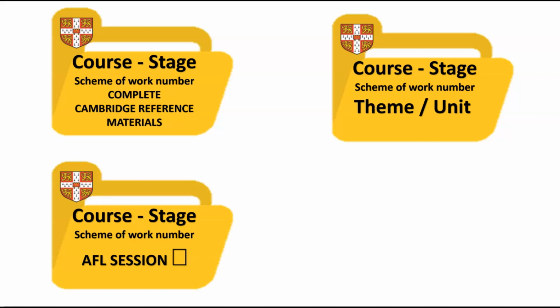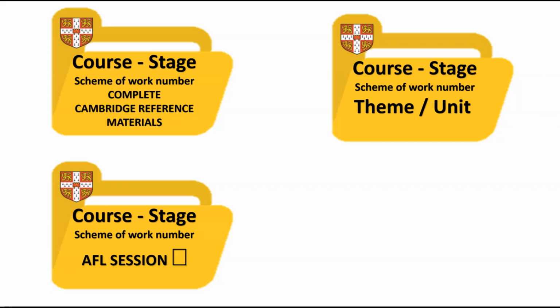Again, course or stage, scheme of work number, and assessment for learning session. Folder 1 will be your July assessment for learning sessions. Then you'll make a folder AFL session 2, which will have your October 2020 session.